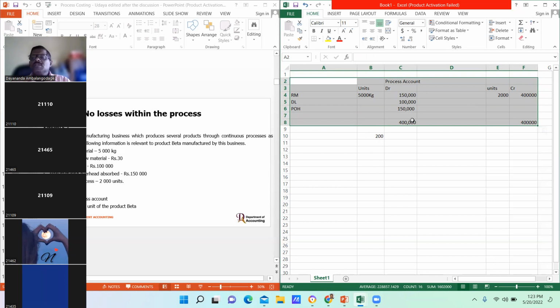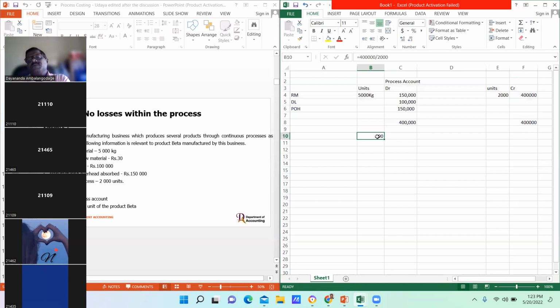So prepare the process account. We prepare the process account and calculate the cost of units, the product beta. The cost per unit is 200. How do you calculate? The accumulated cost 400,000, just divide by the number of units. So you can have the formula. The formula is always, remember, total cost divided by expected units.